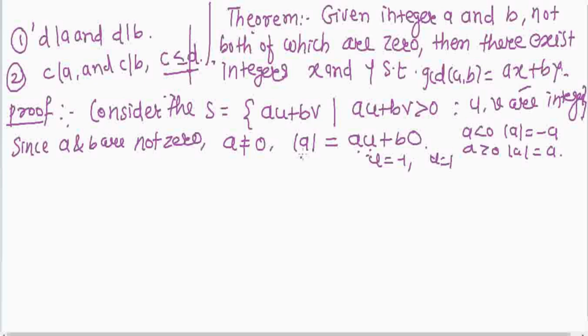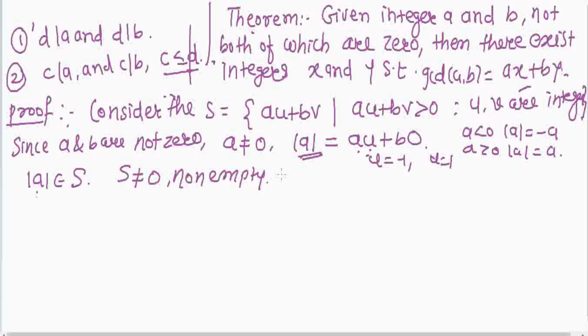So this shows that if A is not equal to 0, then definitely mod A is a member of S, since we can write it in the form AU plus BV. This guarantees that S is a non-empty set of positive integers.